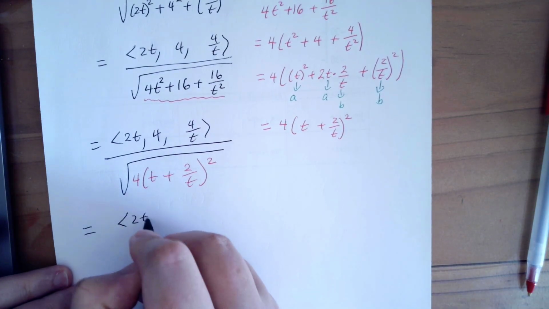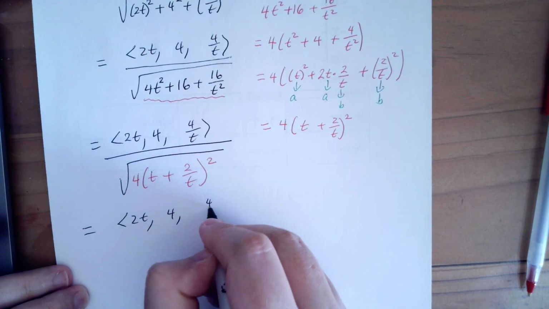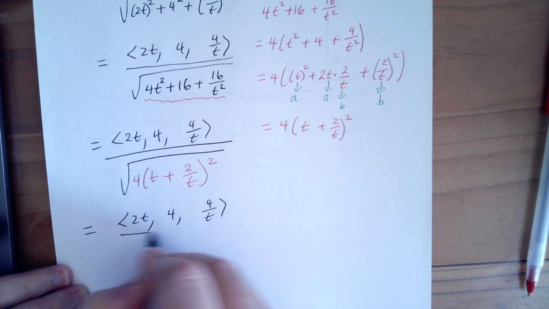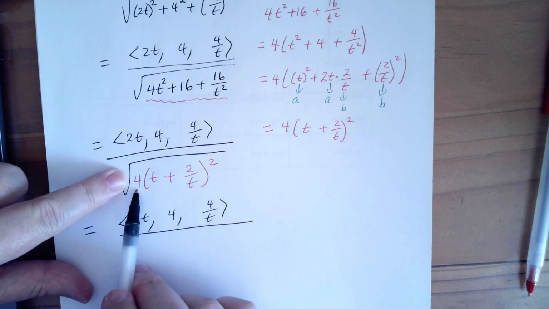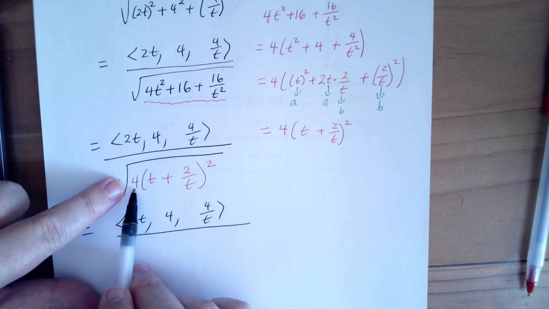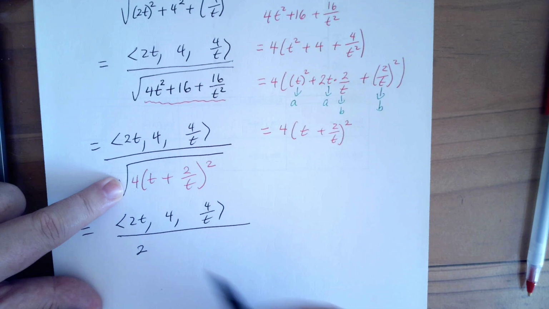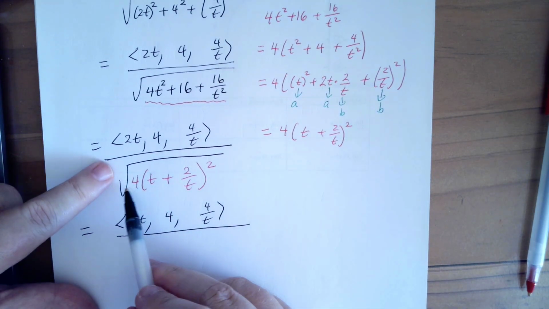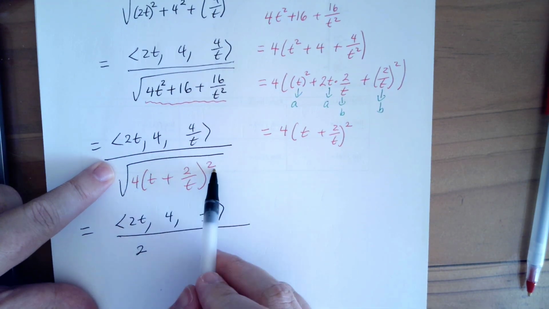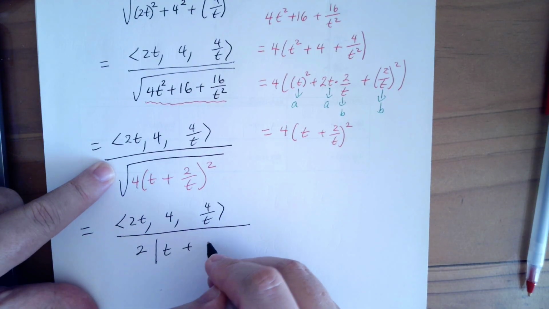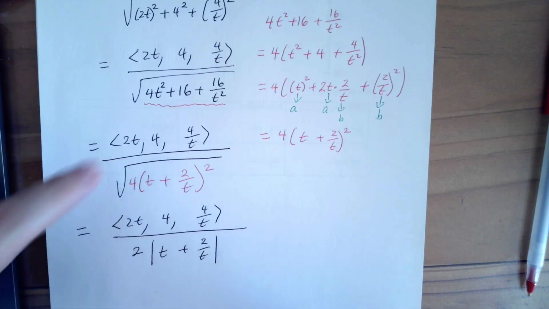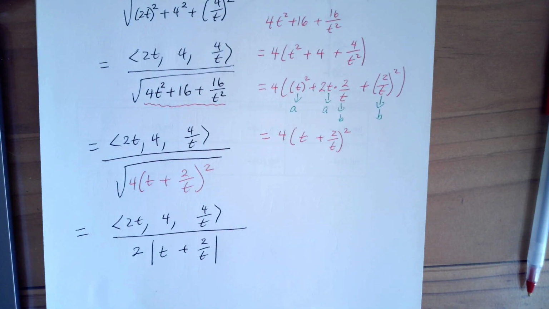So we'll have 2t, 4 over t. We're going to divide this by, okay, we have products in here, so we can split things apart. So square root of 4, 2. The square root and this quantity that's being squared, as an intermediate step, will have absolute value of t plus 2 over t, okay?